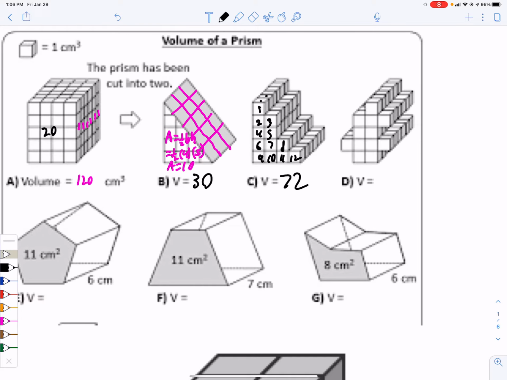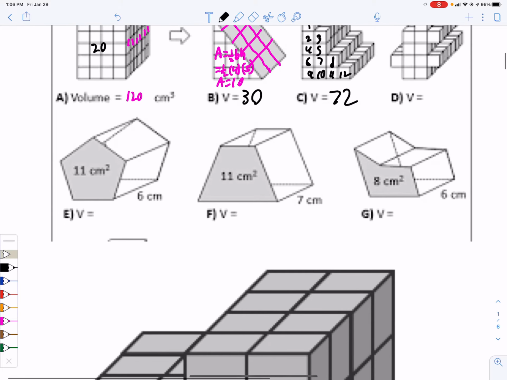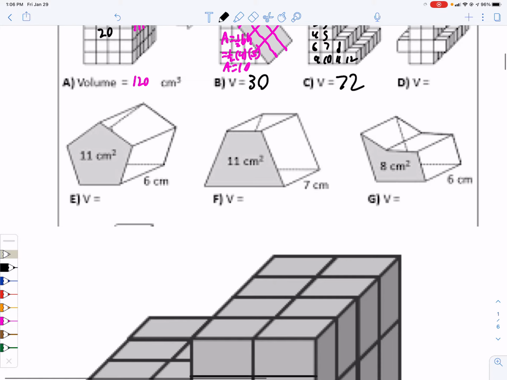We're just giving you an idea of how this works. This one's easier. They tell us there's 11 cubes in the front and it's 6 deep. So the area of the front is 11, it's 6 deep, so that's a volume of 66. Again, they tell us there's 11 cubes in the front.